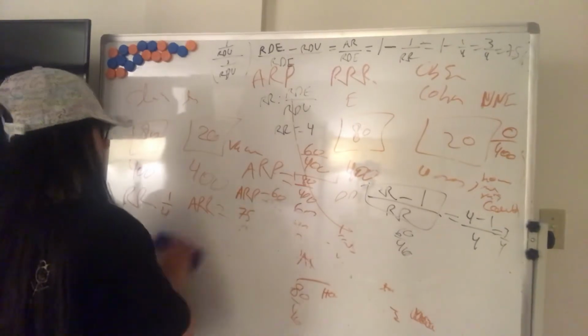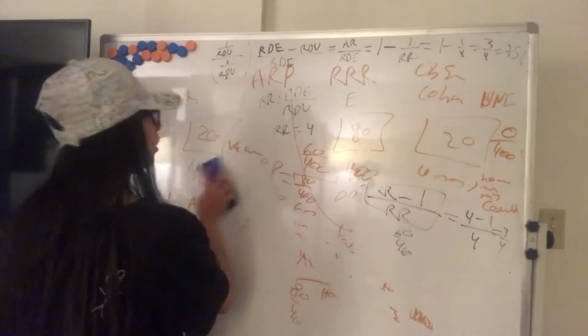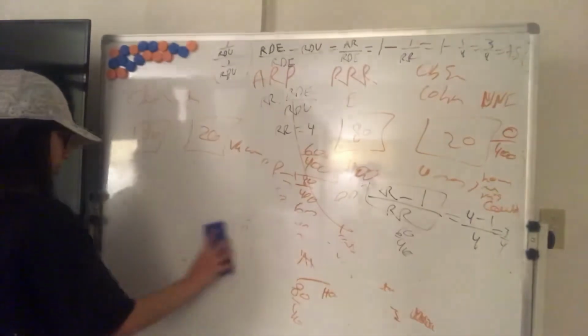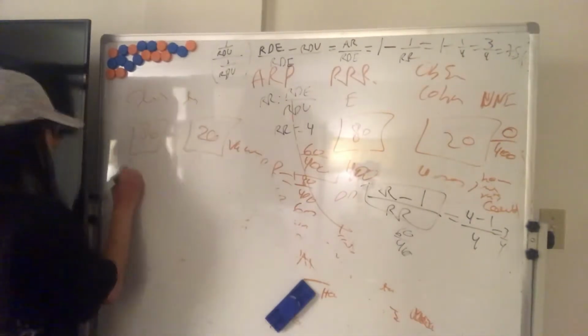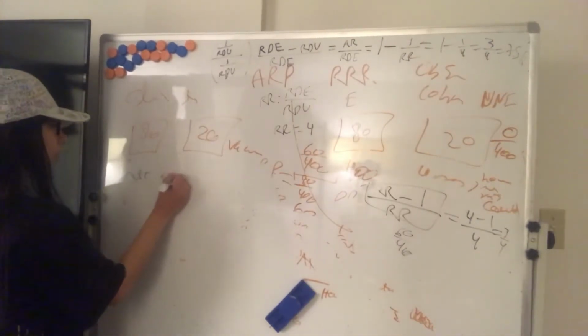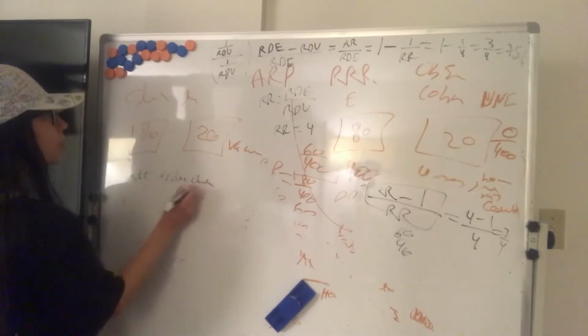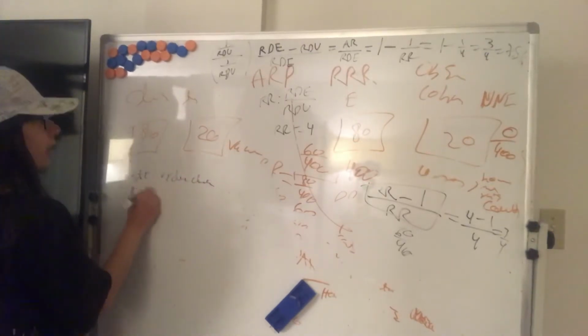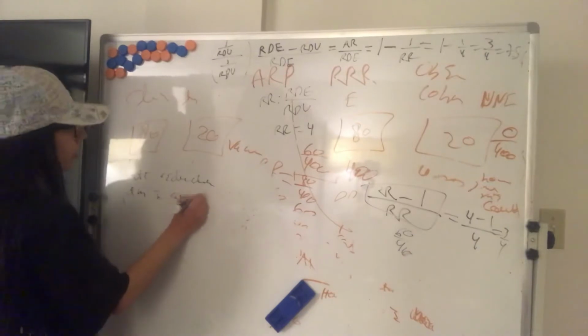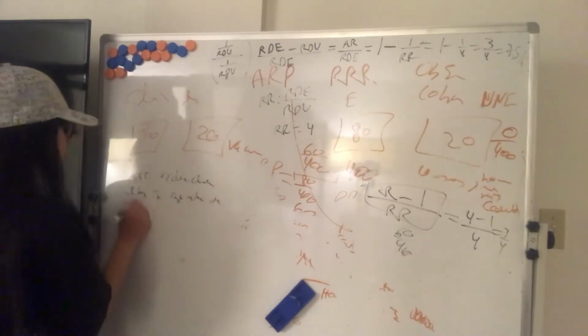Now let's go to the relative risk reduction. The relative risk reduction is the rate of reduction that I attribute to the intervention.